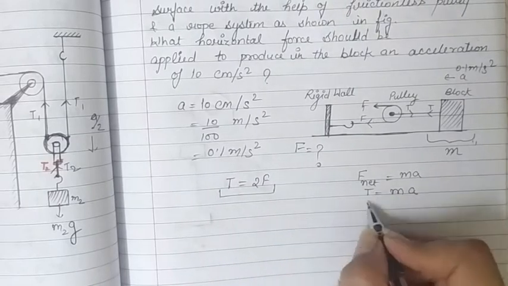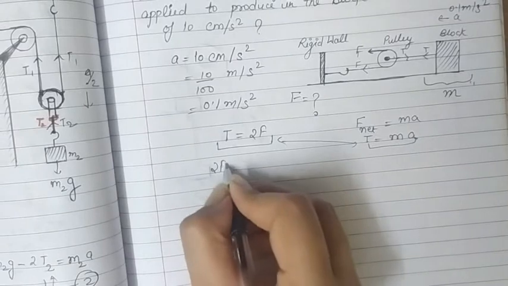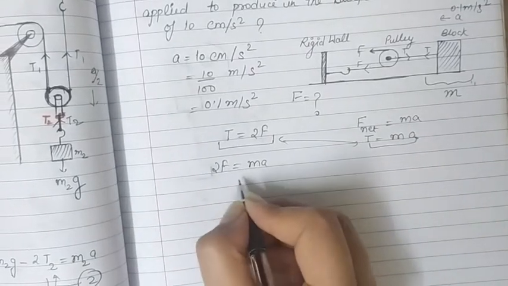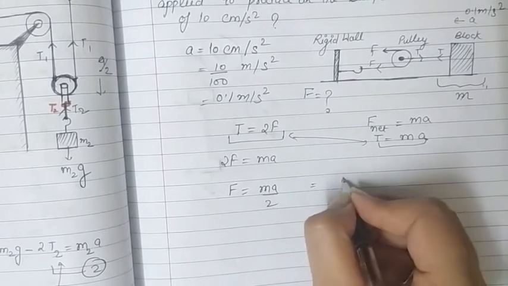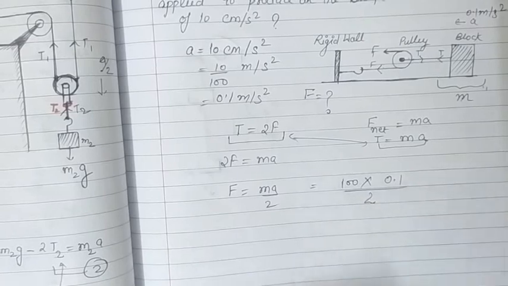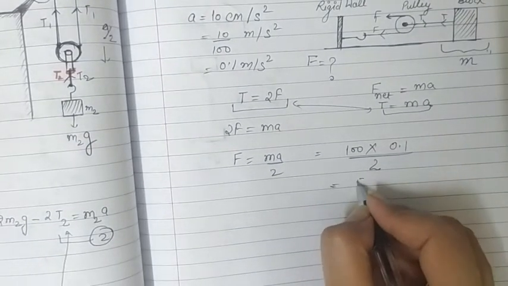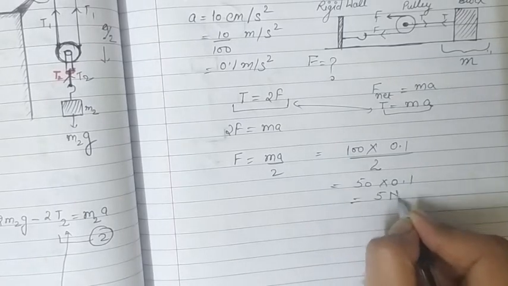So we can equate these two. That means 2F is equal to ma, or F is equal to ma upon 2, where mass is 100 kilograms, acceleration is 0.1 meter per second square, and 2. So it will be 50 into 0.1 or 5 Newton. This is the required answer.